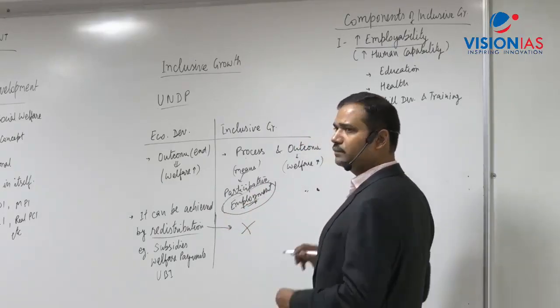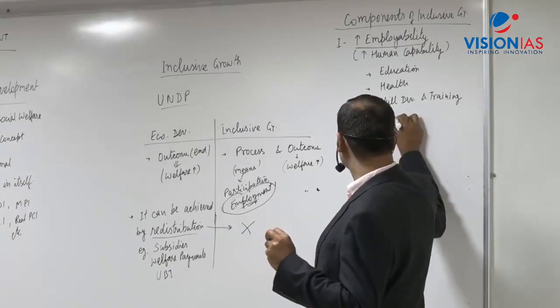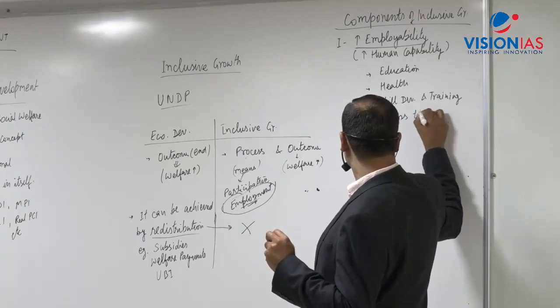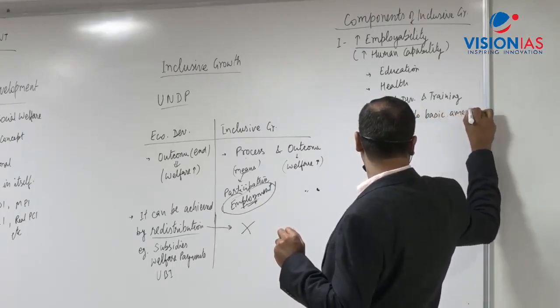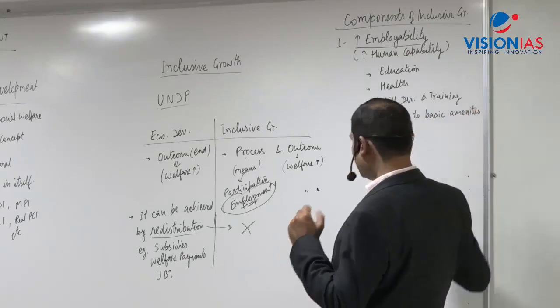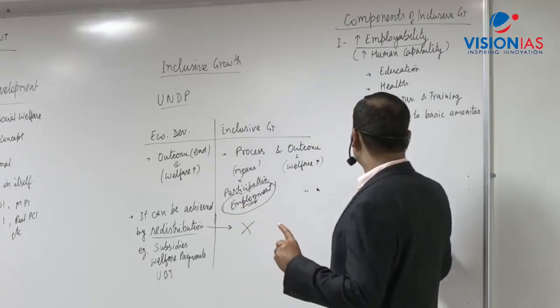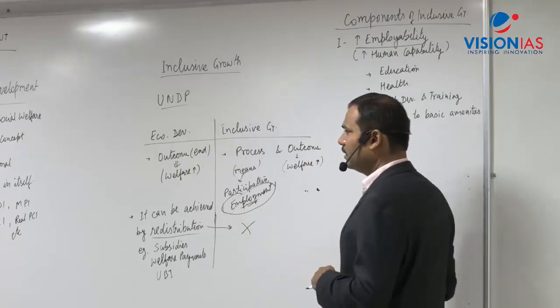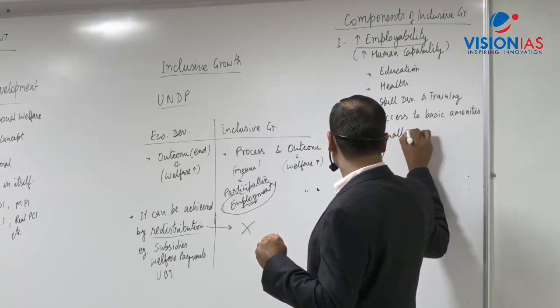Any other? Other is access to basic amenities. Means people should have access to basic amenities. Other is, can we say, equal opportunities to all?